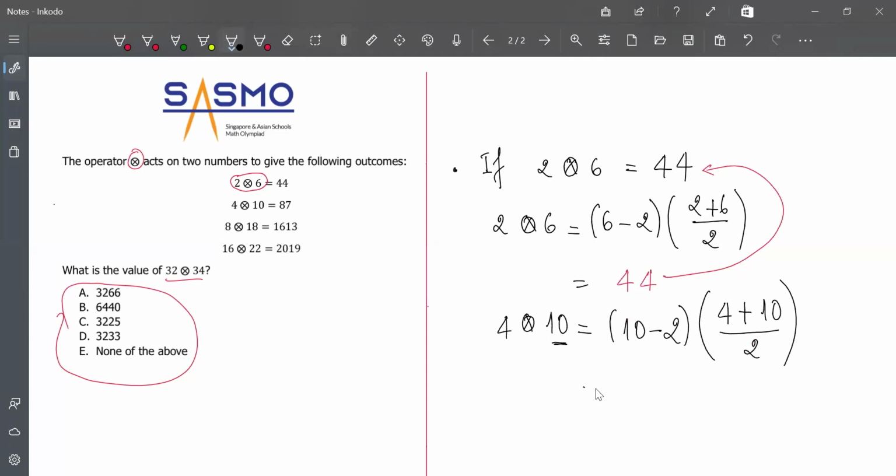So now I can write like that: 10 minus 2 is 8 and 4 plus 10 over 2 is 7. Okay, so we get 87.